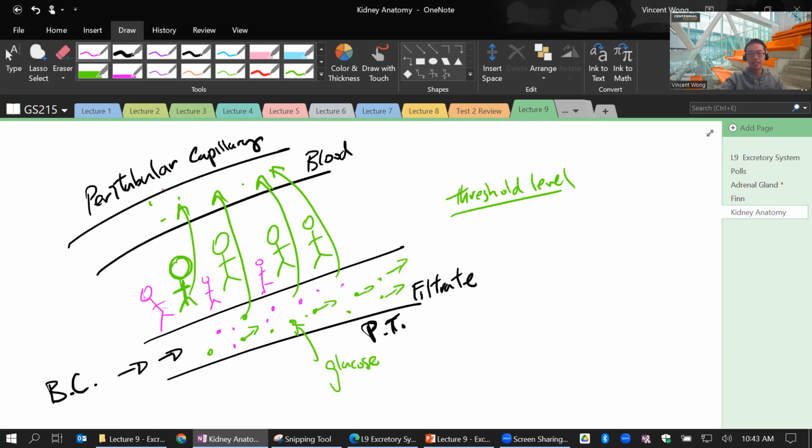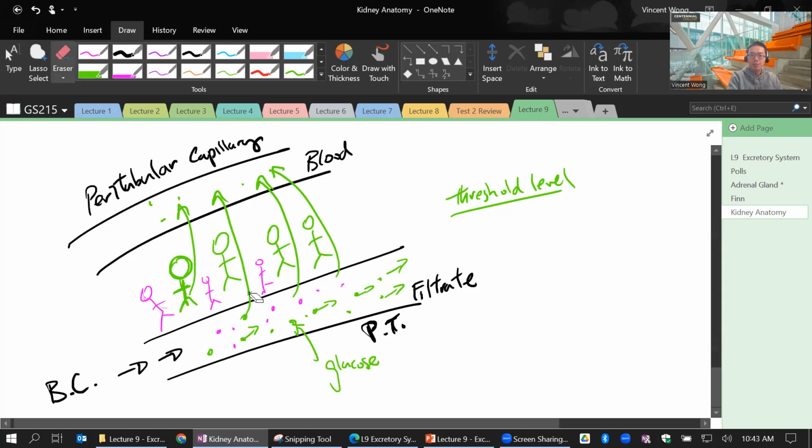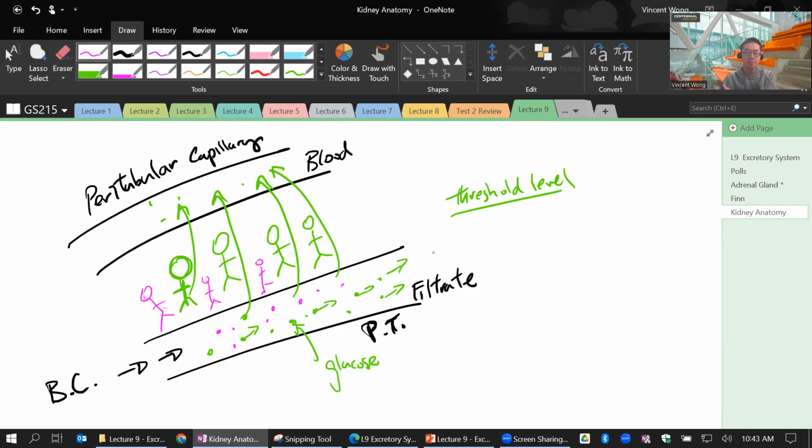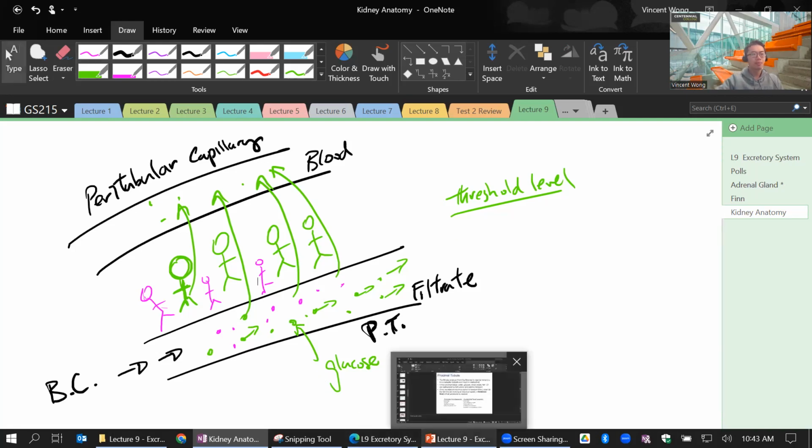We're gonna learn about diabetes later on, but basically they have a lot of glucose, and at the proximal tubule the transporters are working at full speed, so the glucose will not be reabsorbed, and it ends up staying in the filtrate. And by now you should understand the filtrate is what will become the urine, so it ends up just being peed out. Okay, so that is what's going on. Any questions?